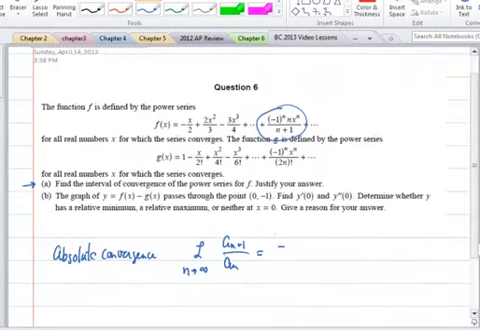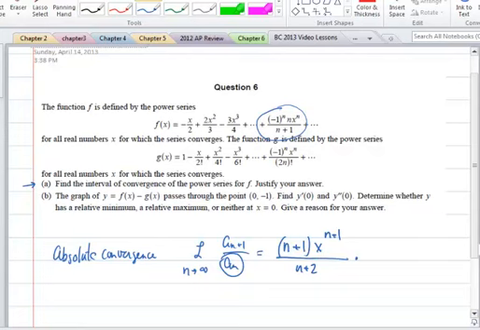Remember, when we take the absolute value of the entire ratio, we're not going to have to worry about the -1 term. So we just have n plus 1 times x to the n plus 1 over n plus 2, times the reciprocal of what a sub n would be.